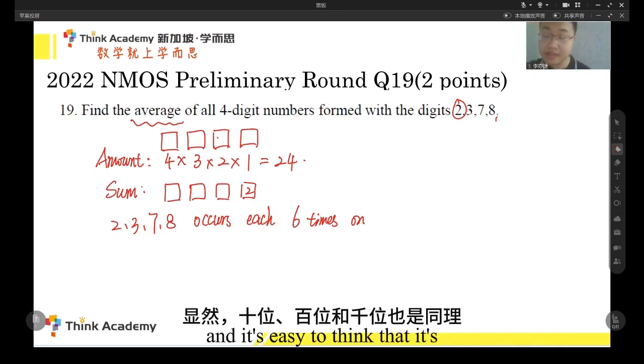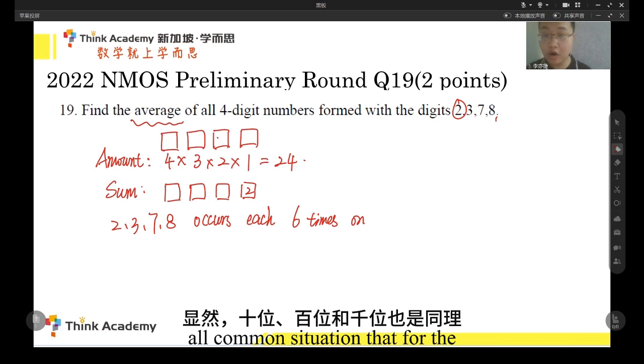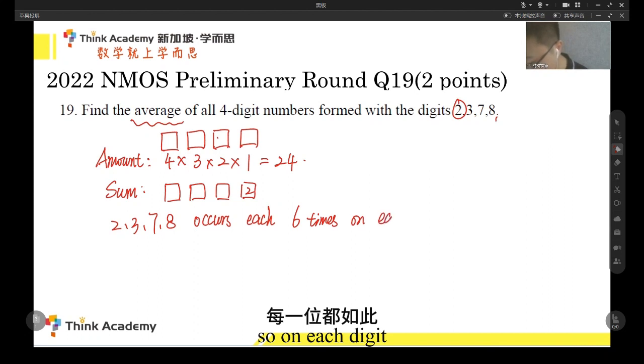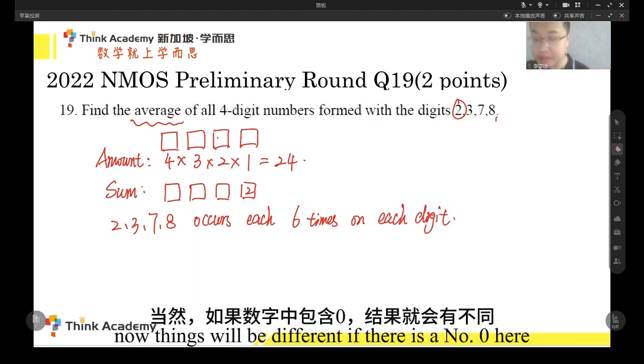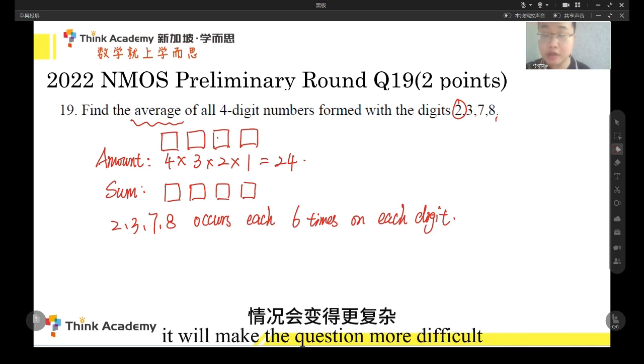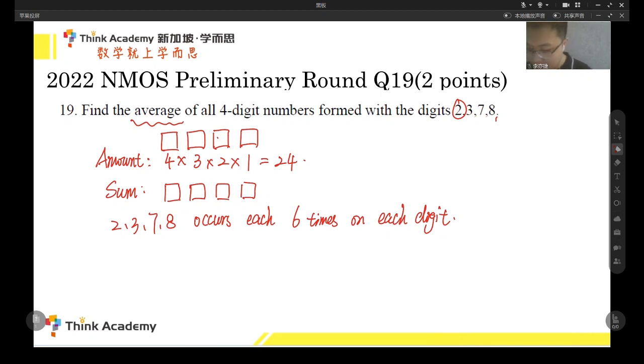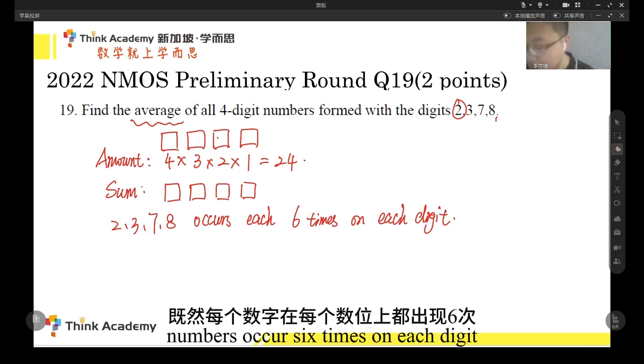And it's easy to think that it's a common situation for the tens digit, hundreds digit, and thousands digit. So on each digit. Now, it will be different if there is a number 0 here, it will make the question more difficult, which I'll talk about later. So these numbers occur 6 times on each digit.